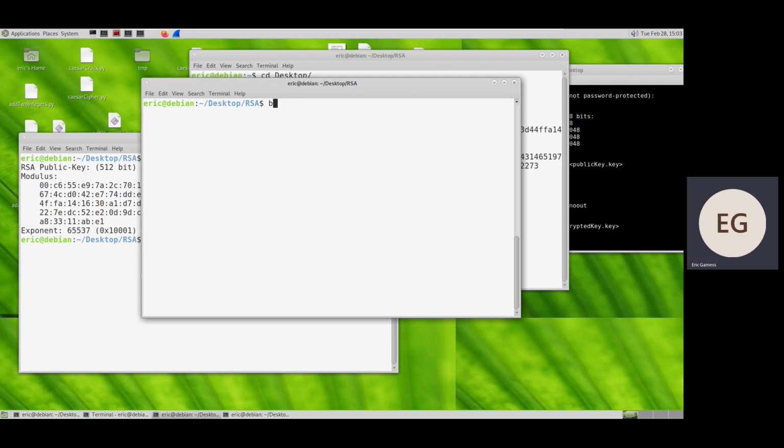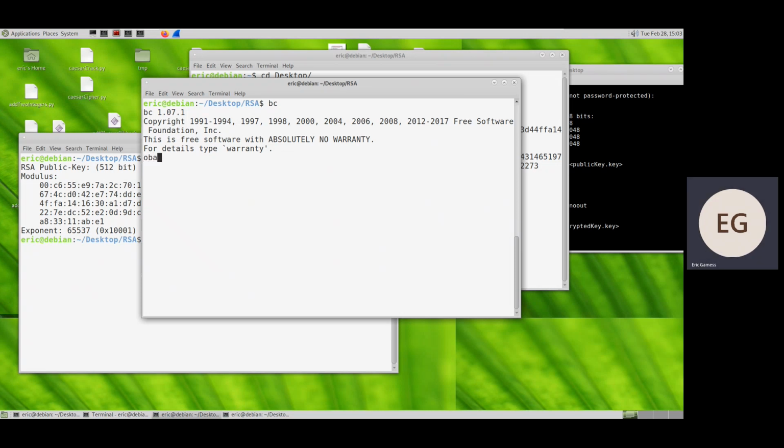So basic calculator have a way to convert to another base. So let's say that I have an hexadecimal number and I want to convert it in base 10. So look at what I do. Output base is equal to 10. And for example, I say convert A0 in base 10. Oh, sorry, input base I have to do.